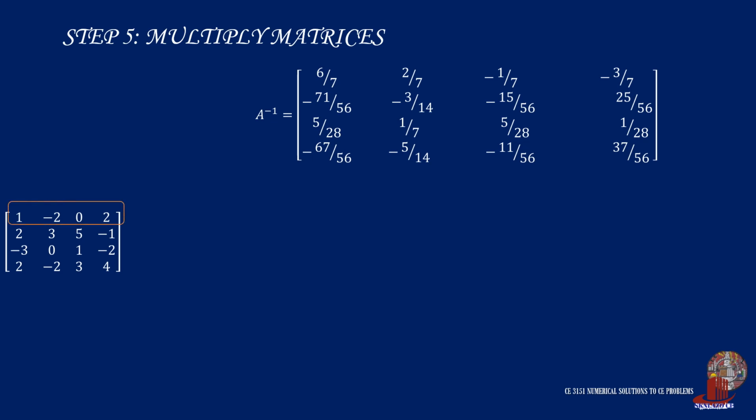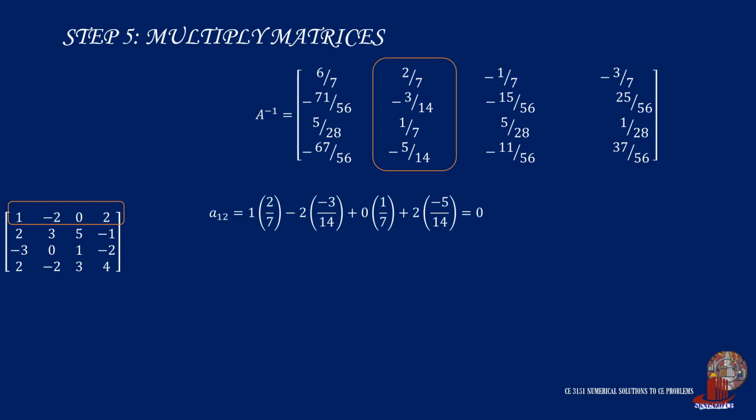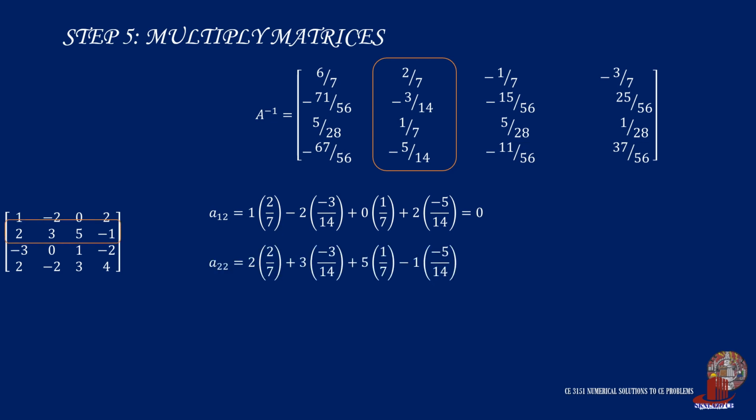Let's check the next column too, starting with the first row, giving 1 times 2/7 minus twice of negative 3 over 14 plus 0 times 1/7 plus 2 times negative 5/14, which is equal to 0. For the next row, we have twice of 2/7 plus 3 times negative 3 over 14 plus 5 times 1/7 minus 1 times negative 5 over 14, and this results to 1.